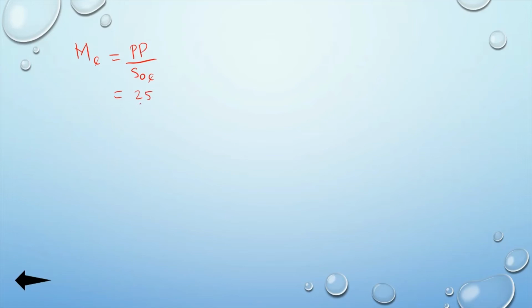From the previous question, we get SOE as 1.7 centimeter. So, 25 over 1.7 centimeter equals 250 over 17. This is the magnification produced by the eyepiece. Now, let's continue to the last question of the second worked example.